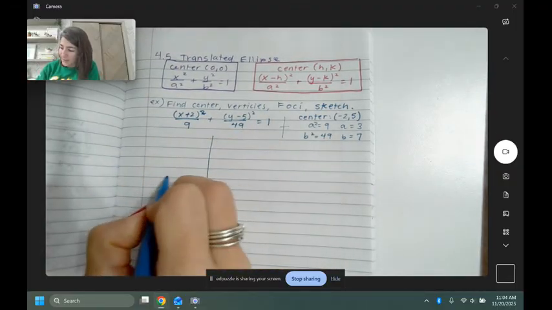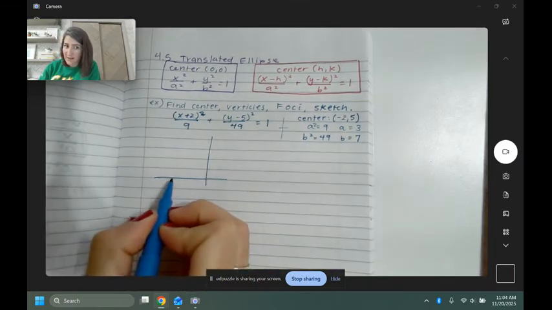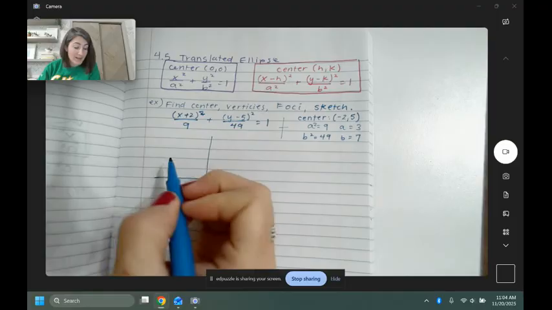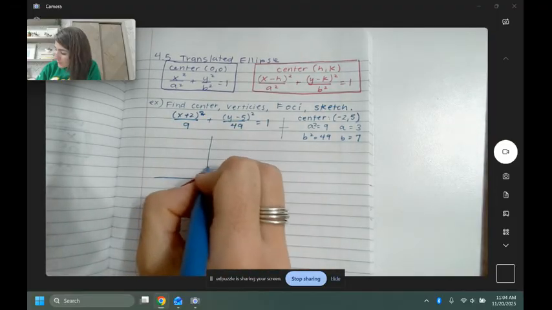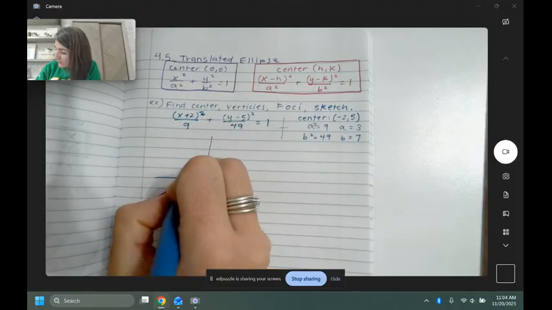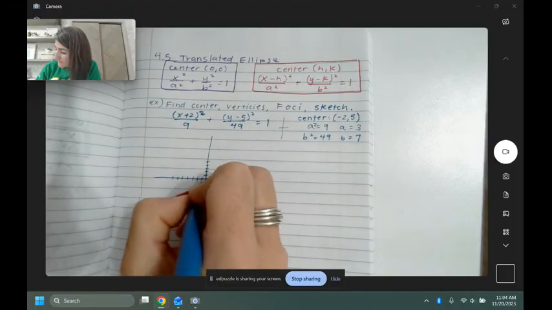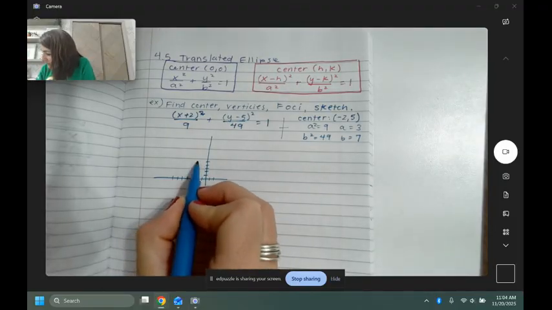I'm going to make it off to the side because the center is negative in this direction and positive in this direction, right? So the center is at the point (-2, 5) right here.